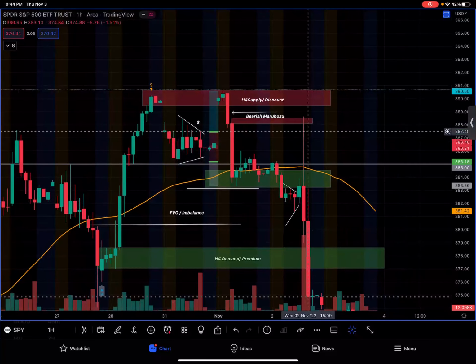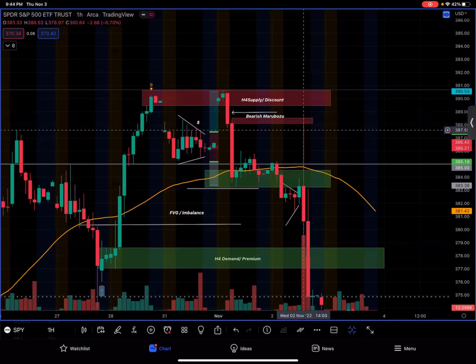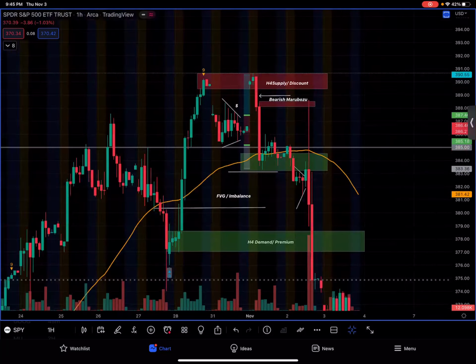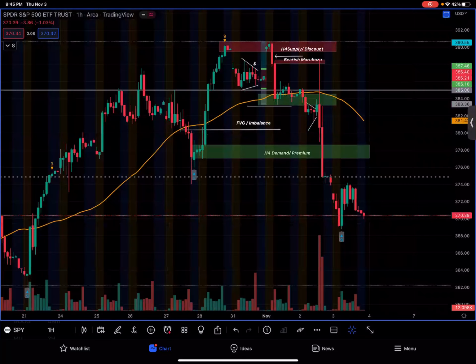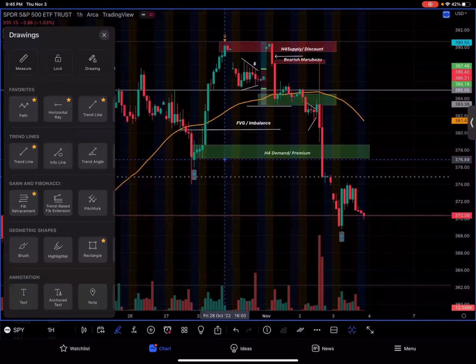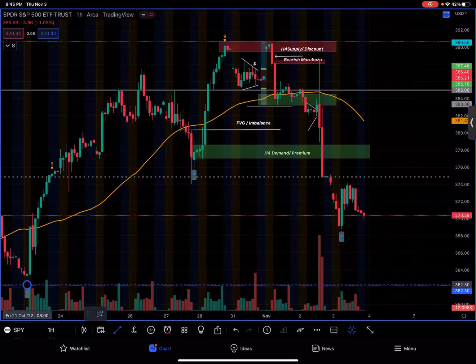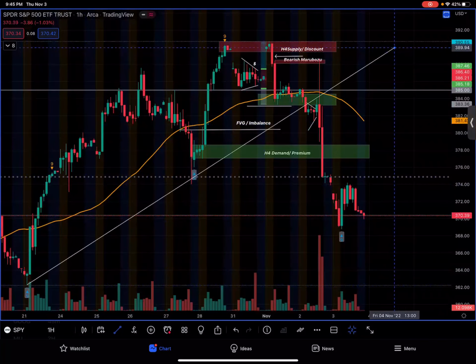Why did price come back up here to mitigate this zone? Price came back up here to mitigate the zone because the current trend was bullish, as we can see here. The current trend was already bullish.